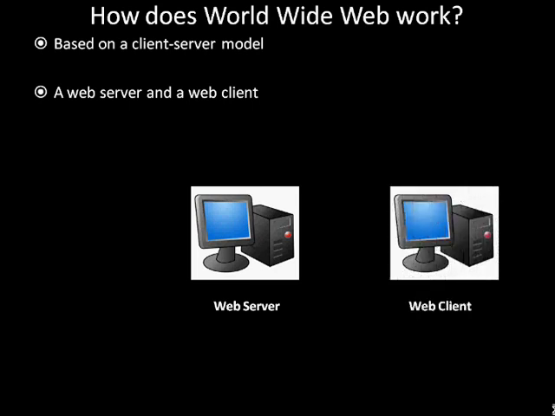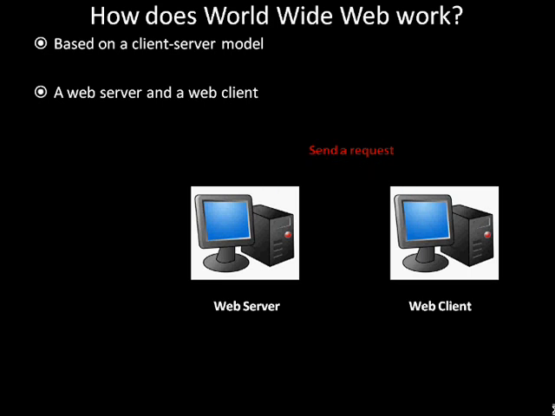A web client, on the other hand, is a computer with client software installed on it, and it makes requests to the web server. In the client-server model, for example, a web browser is a client program at the user computer that may access information at any web server in the world.